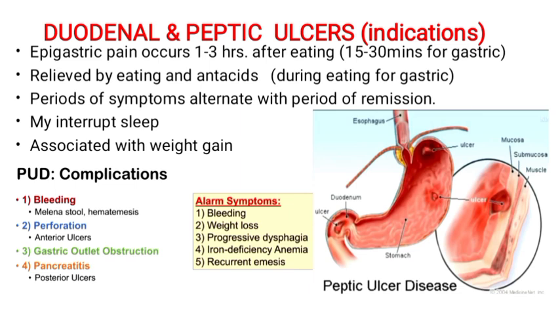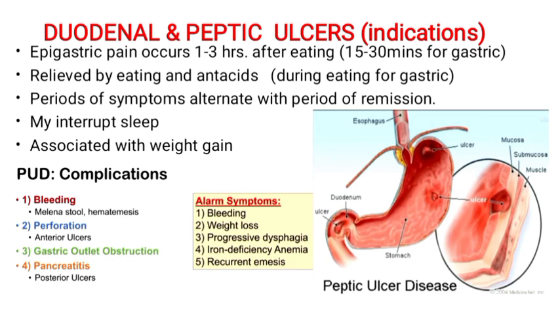But if the patient has a duodenal ulcer, the patient will eat, the food will enter the stomach and then move on to the duodenum. Here we will have weight gain. The pain is also relieved by eating and acid. That is the reason I have explained already.